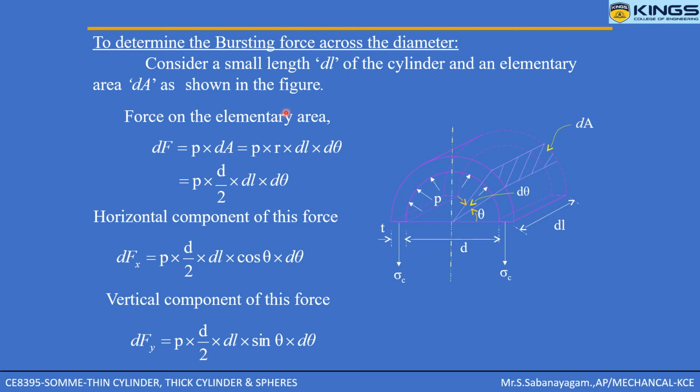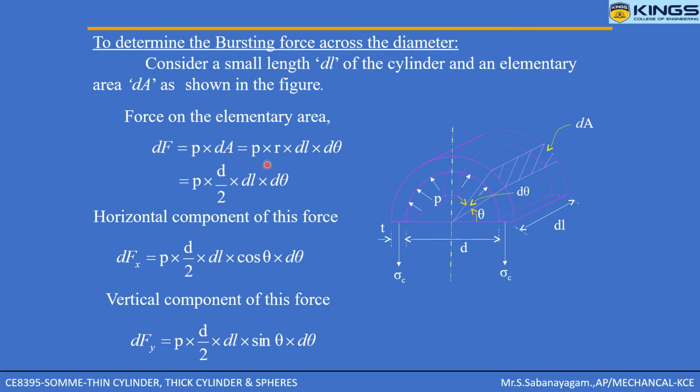So to determine the bursting force, consider this small elementary length area, and the area will be like this, dA. The force on the elementary area due to this internal fluid pressure: dF is equal to P into dA, that is pressure into area.